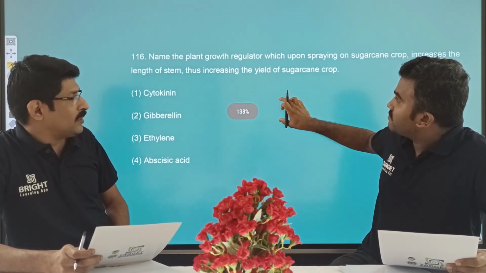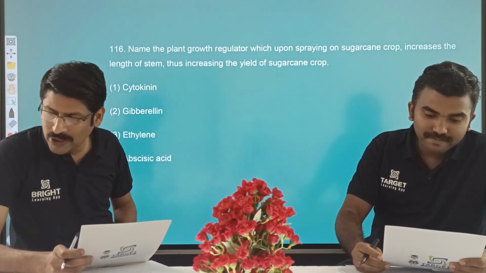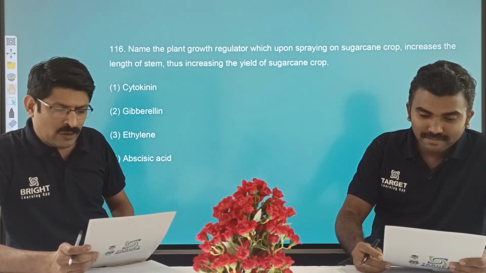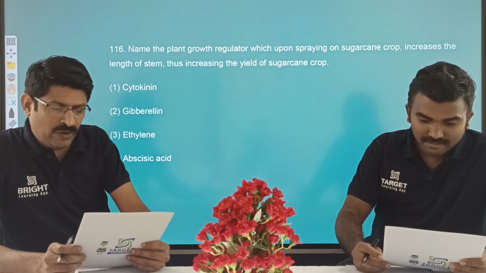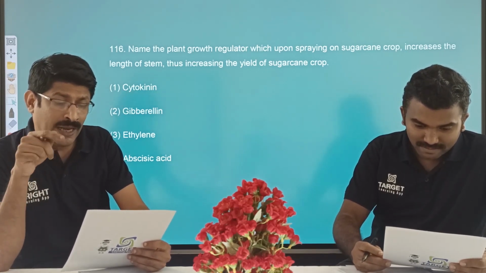Question 116 comes from plant growth and development. Name the plant growth regulator which, upon spraying on sugarcane, increases the length of the stem and thus increases the yield.